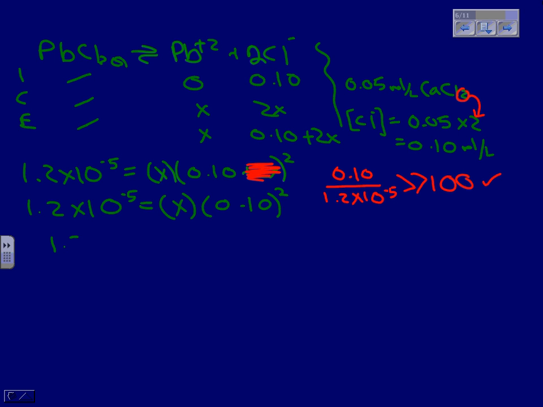So I'm going to have 1.2 times 10 to the minus 5 over 0.10 squared, and that is x. No need for a square root on that one. And I'll take the solubility of that when you get finished calculating.